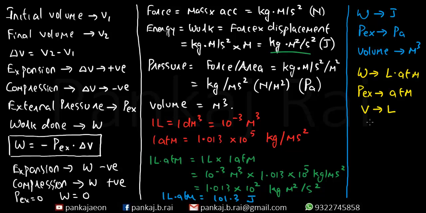But the most important thing to remember is this: suppose it is given that during expansion the work done is 40. You can't use w equal to 40. Even if the question states that work done is 40 units, you will write in the data that w is equal to minus 40, and you have to use this equation only.